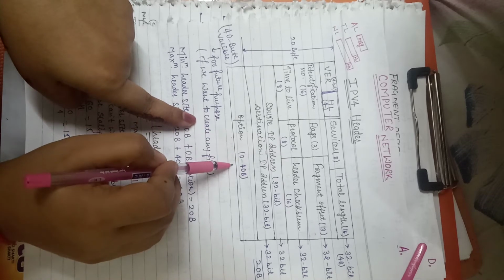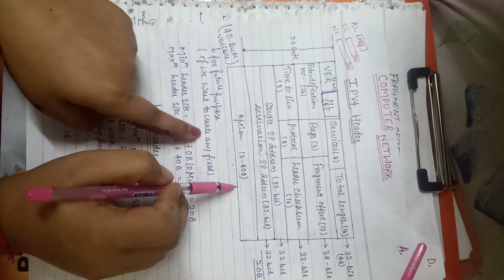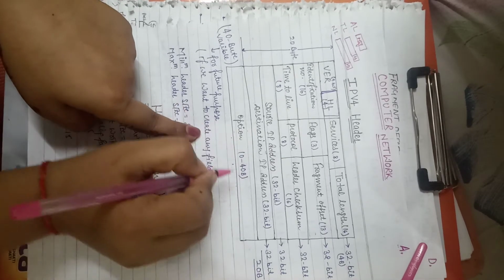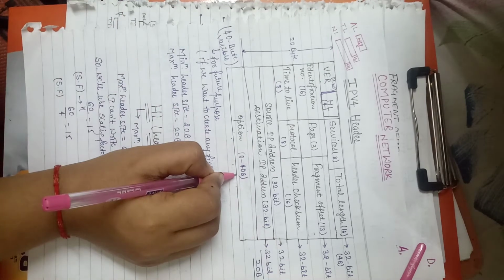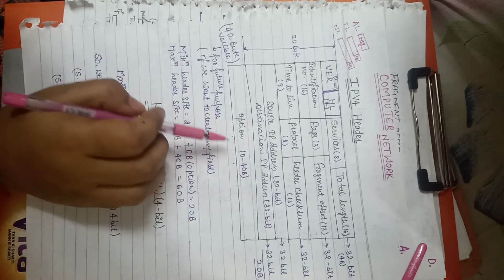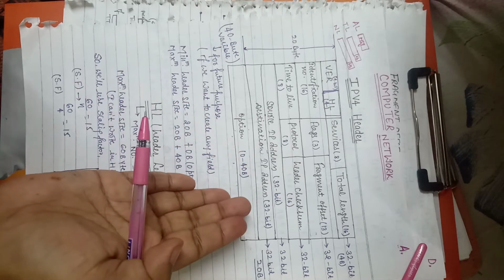This is optional, with a size of 0 to 40 byte. The minimum size of the option field is 0 byte, and the maximum is 40 byte. Option is for future purposes, if you want to create any kind of field.